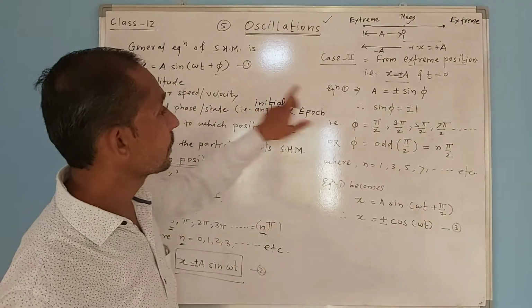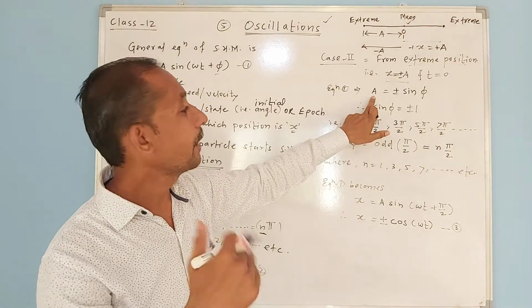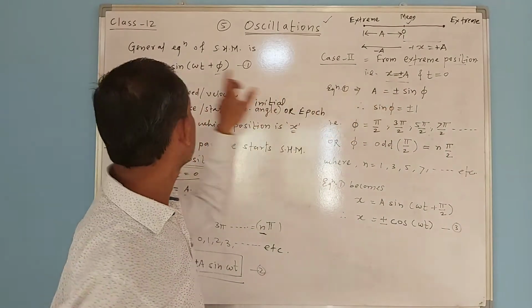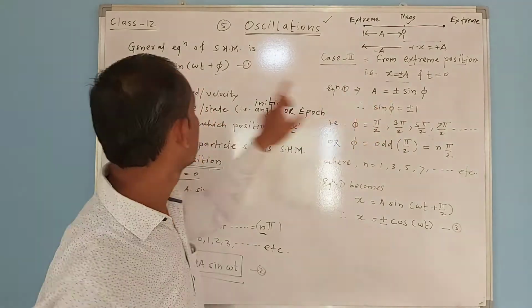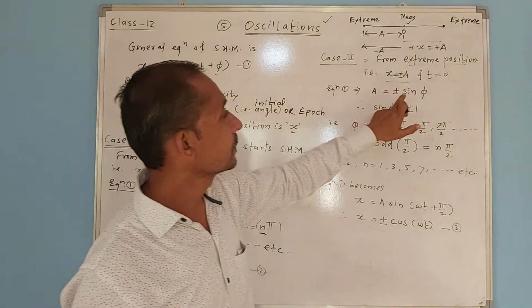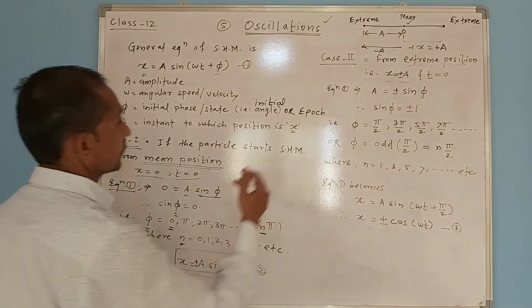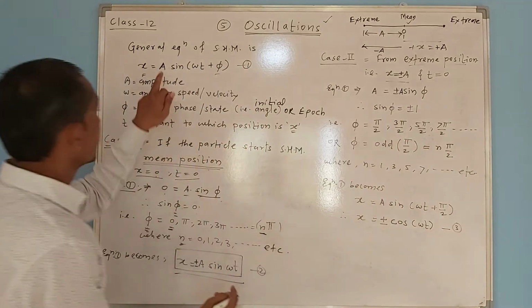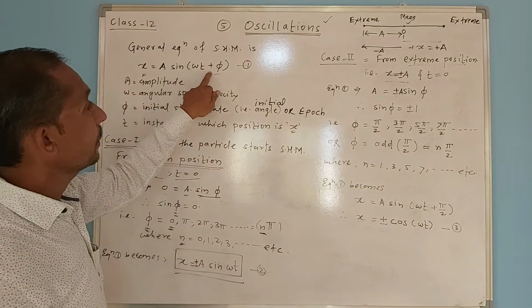So x is a, that means plus a or minus a, is equal to a sine of omega t plus phi.